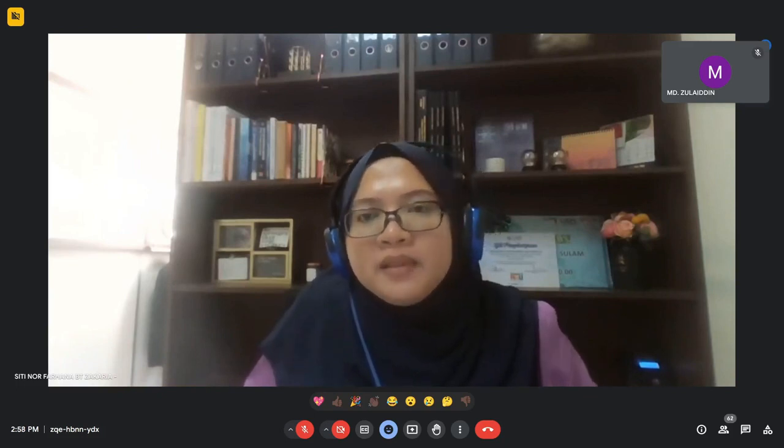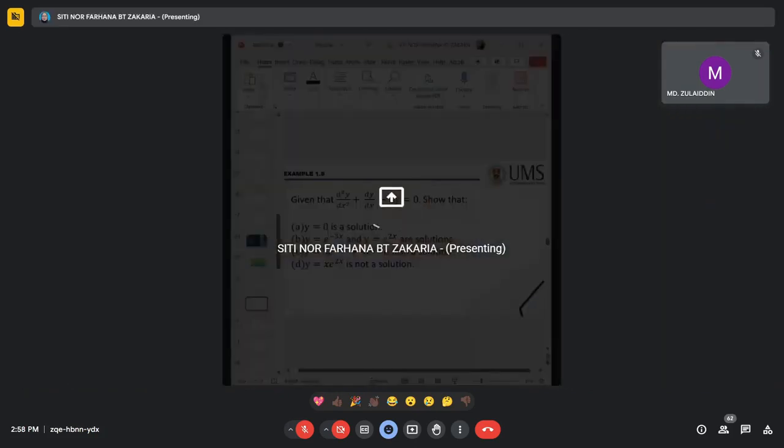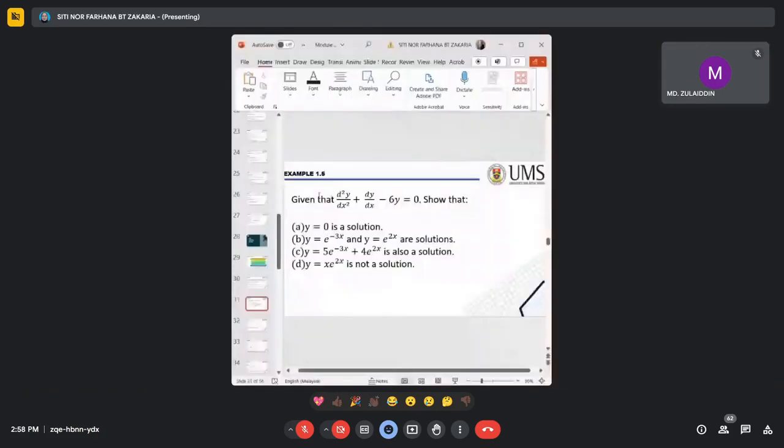Example 1.5b, the DE is still the same, but they give you two functions, so you need to check both, whether each function belongs to the DE or not. We are at B now.